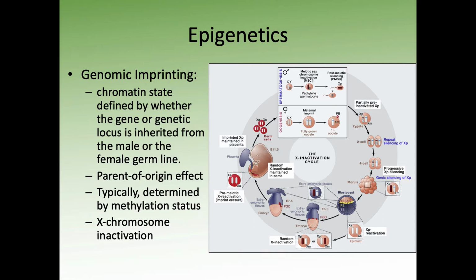This is not always true. There are some specific instances in which we might see one X chromosome preferentially expressed over another, but it's generally the pattern. So you see there are distinct patterns of this expression at different points.